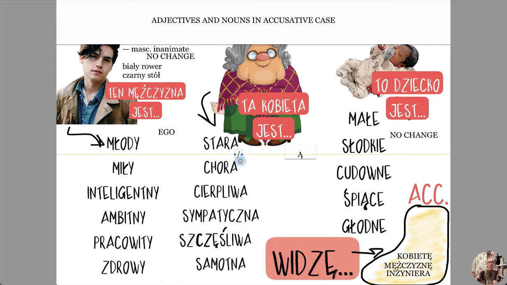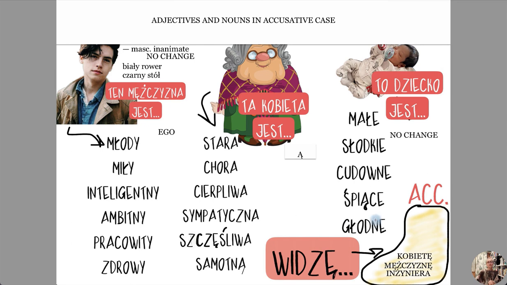Widzę starą kobietę, chorą kobietę, cierpliwą kobietę, sympatyczną kobietę, szczęśliwą kobietę, samotną kobietę. Can you see it like this? So we've got on ending for adjectives, feminine adjectives, en ending for feminine nouns. On, okay?